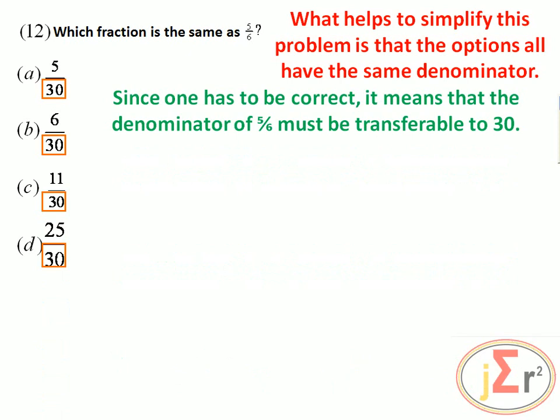Since one of them must be correct, it means that the denominator of 6 must be transferable to 30. So let us write that down. 5/6. The 6 must be transferable to 30 because one of these options must be right.